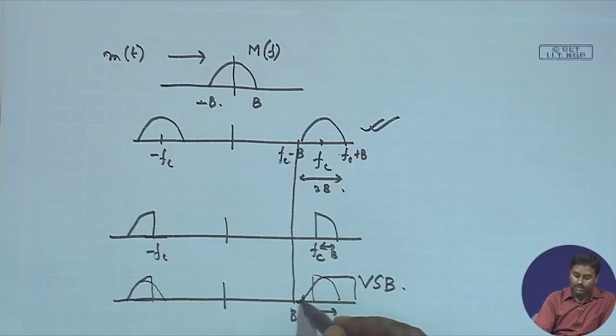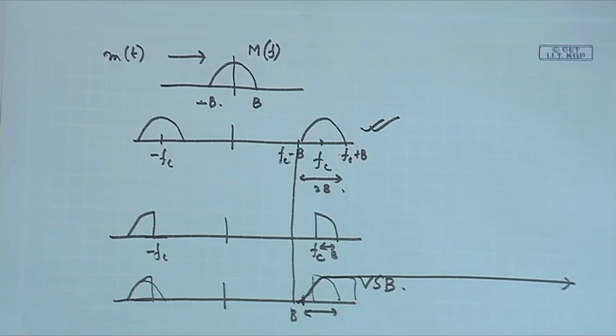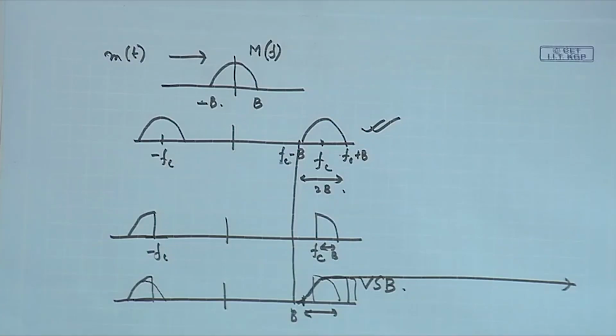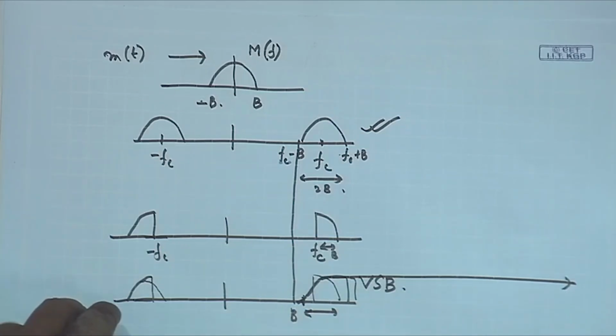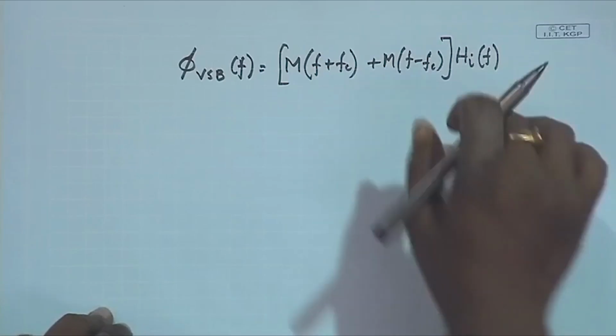It might be high pass, starting from here and running over the entire band, but later we will understand that probably that is not really required. We do not have to include that entire band, we can just end it somewhere. So we can put a band pass filter with the typical characteristics, which we define as H(f). Basically, to generate my VSB signal, all I have to do is modulate followed by a band pass filter, right.